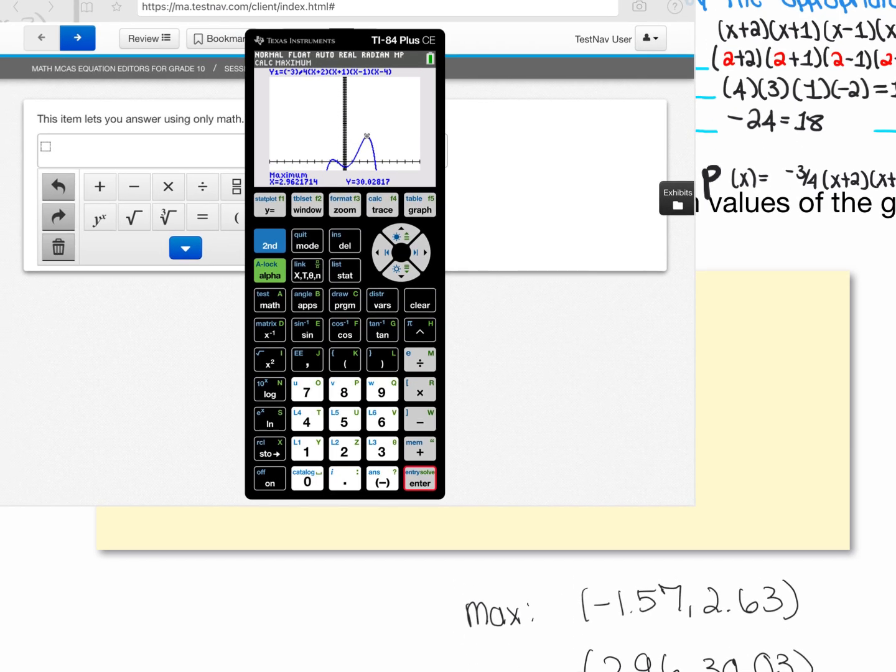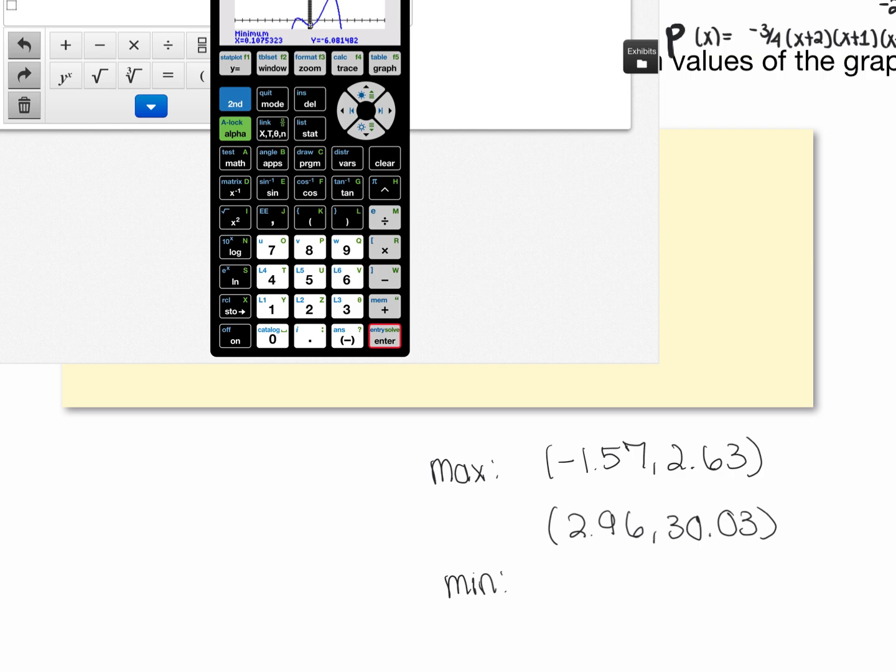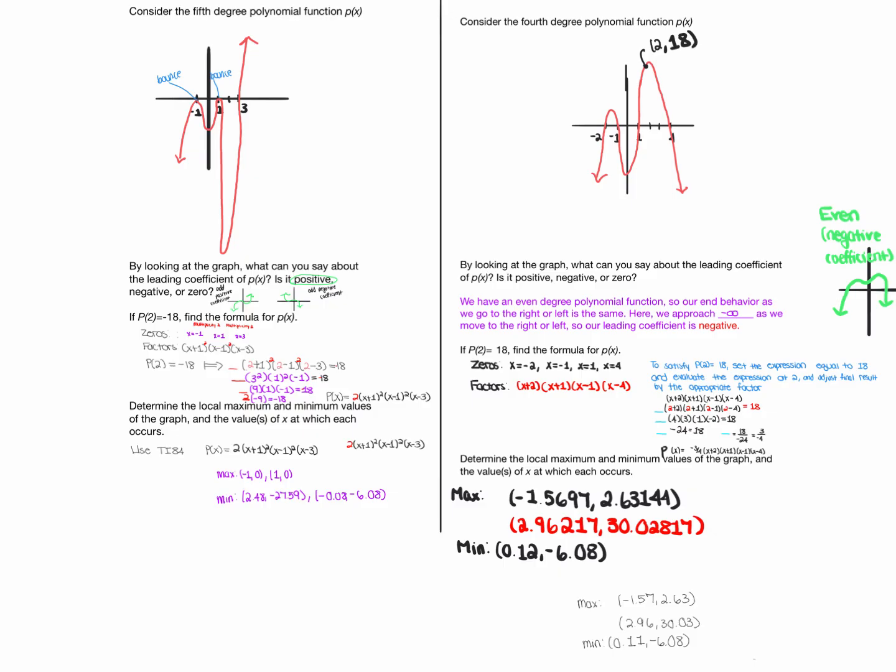So I go back to the calculator, second, minimum, enter, go to the right, enter, go on the point, enter, so it's 0.11, comma negative 6.08. And these are the values.